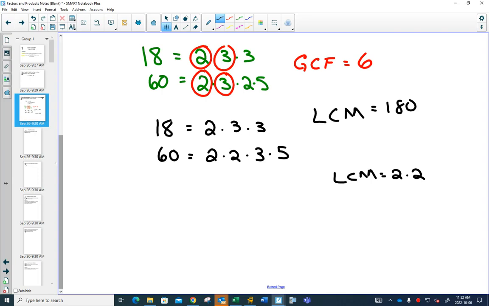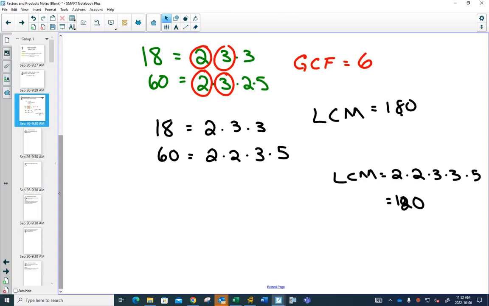So for your lowest common multiple, you're going to need 2 threes. Any other numbers? Yes, there's a 5. So you will need a 5 as well. If you multiply this out, 2 times 2 times 3 times 3 times 5, you get 180, which is what we sought. And we are now correct. So you can use prime factorization to find greatest common factor and lowest common multiple.